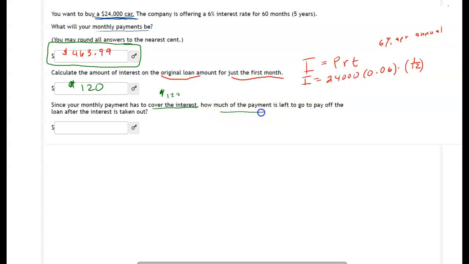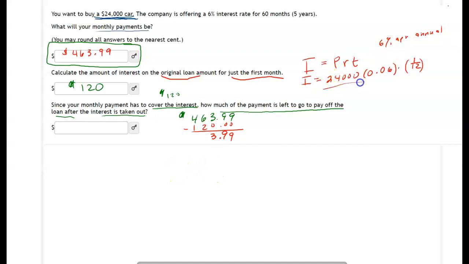And then, how much is the payment left to go toward paying off the loan after the interest is taken out? So you've just given them $463.99, and they say, hey, for the privilege of borrowing that money from us, that's going to cost you $120 in the very first month. And so you can do that subtraction and see what is left over to go towards the payment.